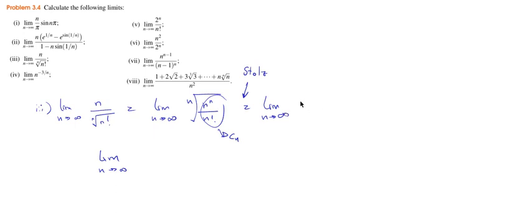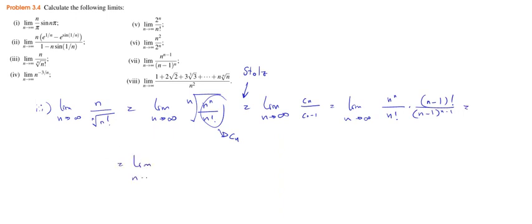This is the same as the limit of c sub n divided by c sub n minus 1. And c sub n is this, so then we have the limit of n to the n divided by n factorial, and then divided by n minus 1 to the n minus 1 divided by n minus 1 factorial. Now this is the limit when n goes to infinity, and n factorial over n minus 1 factorial is just n, so then we have n to the n divided by n minus 1 to the n minus 1.